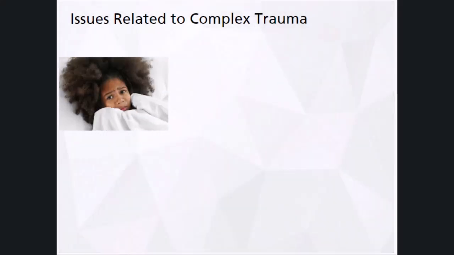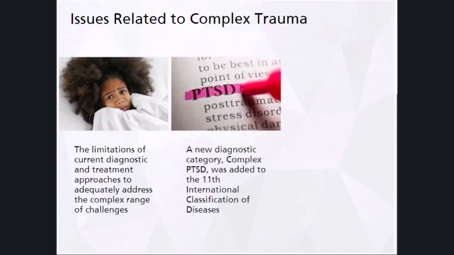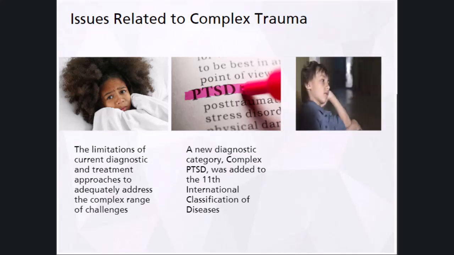Many trauma and child welfare scholars have recognized the limitations of current diagnostic and treatment approaches to adequately address the complex range of challenges present in children and youth who have experienced multiple interpersonal traumas, defined as complex trauma. A new diagnostic category, complex PTSD, was added to the 11th International Classification of Diseases published by the World Health Organization.